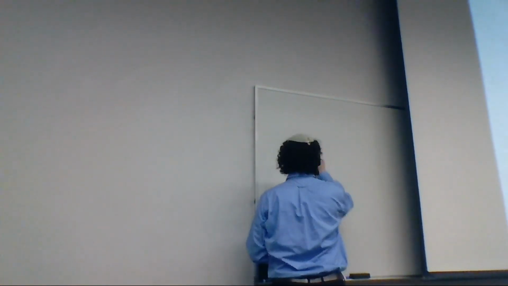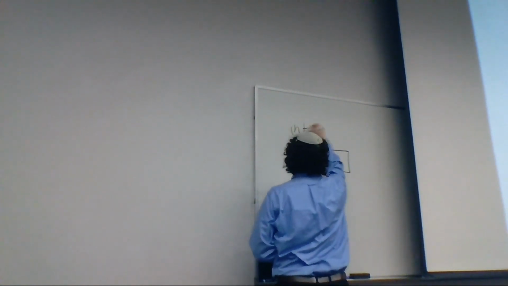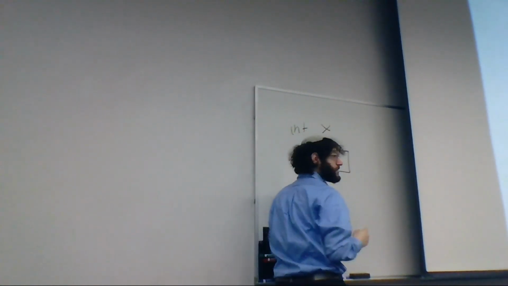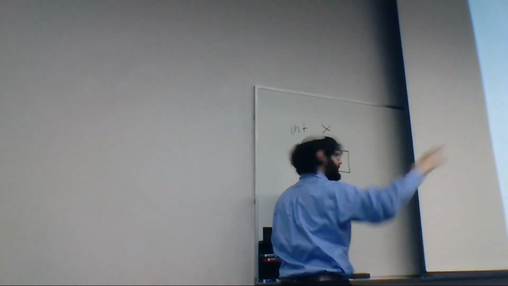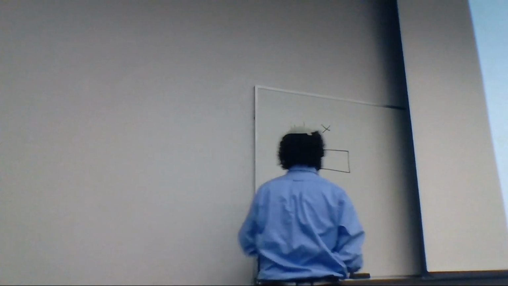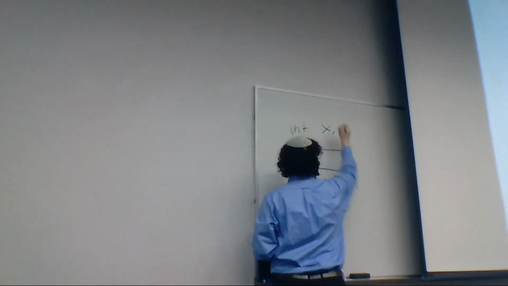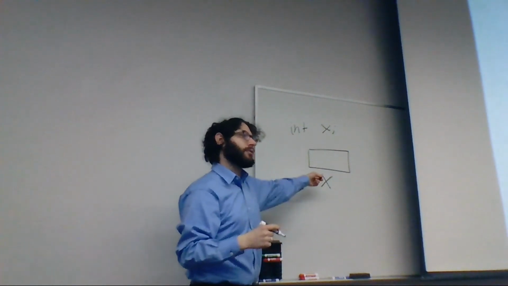What this declaration does is set up a little imaginary box in your memory. This int x, if I say int x is equal to, does the angle work for everybody over there? Okay. That means I'm creating a little box in memory called x, giving it a label x.